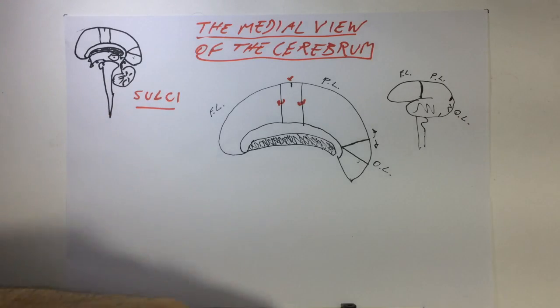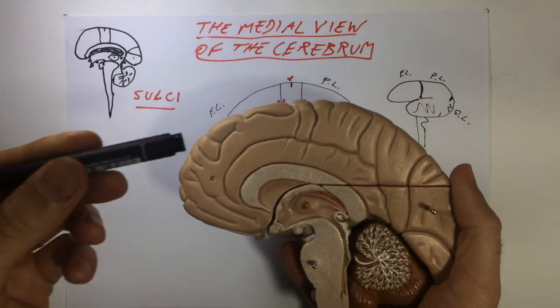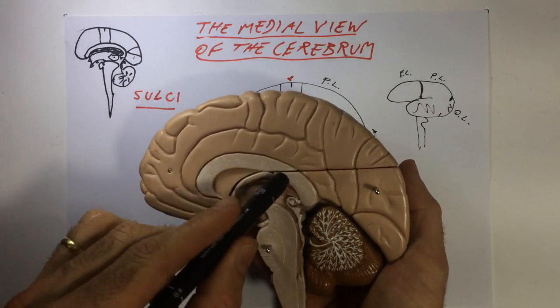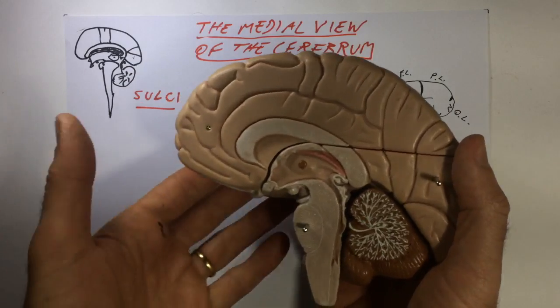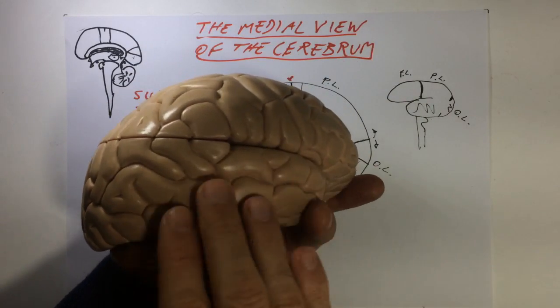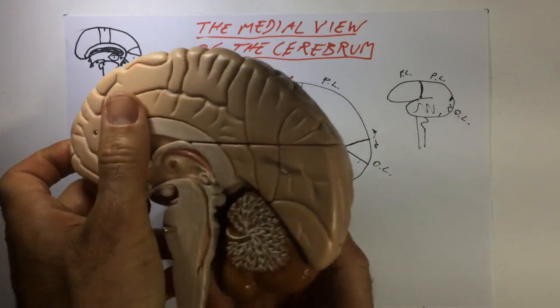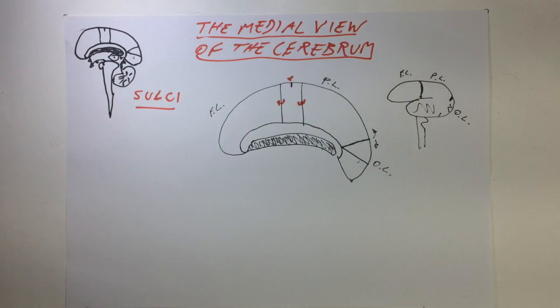So here we have the frontal lobe, parietal lobe, occipital lobe in the back, and the temporal lobe is here, right? So in the back. There is no way to see the temporal lobe on this view. Okay, so let's move on.